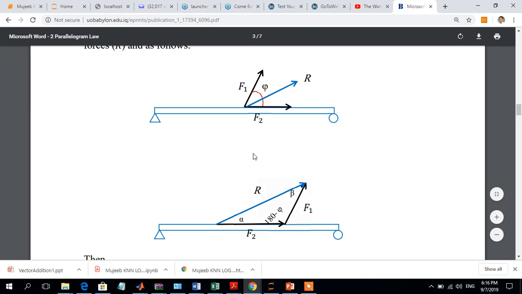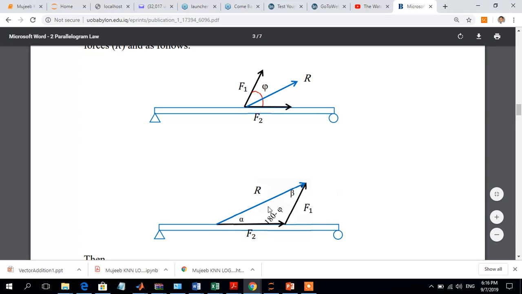If you do that, then this angle is phi, and this other angle is going to be 180 minus phi. Let us assume that this angle is alpha and this is beta.